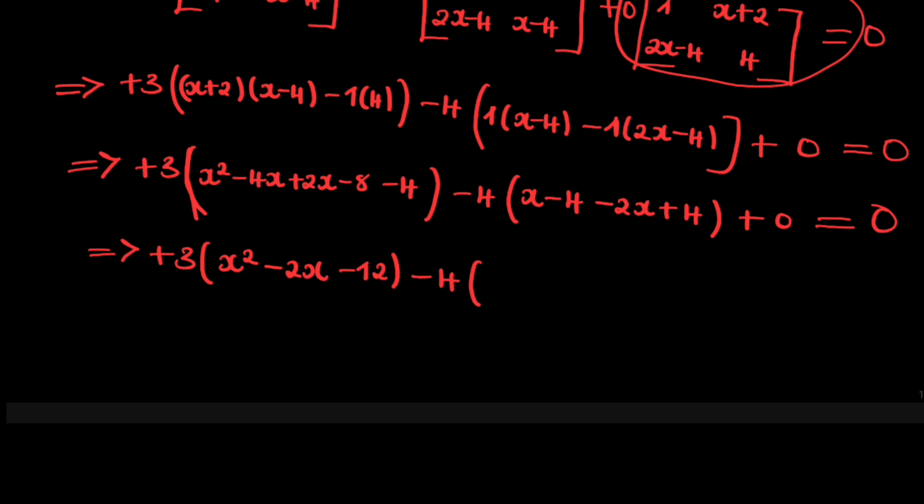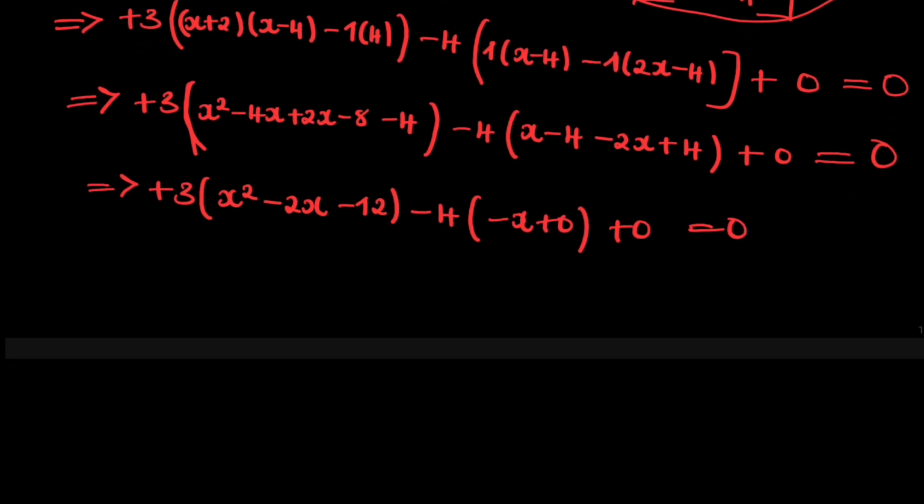We bring like terms together. So we have x minus 2x, which is minus x, and we have minus 4 plus 4, which is plus 0. Now plus 0 equal to 0. We go on. As long as we can simplify further, then we continue simplifying.